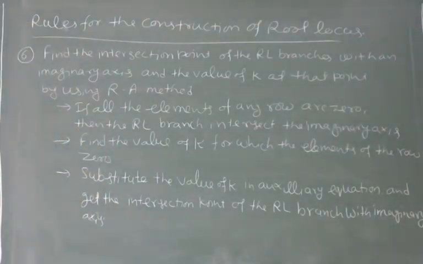Find the intersection point of the root locus branches with the imaginary axis and the value of k at that point by using the Routh array method.